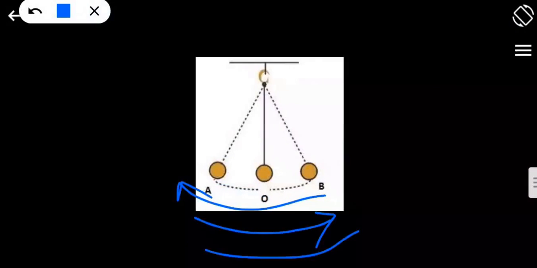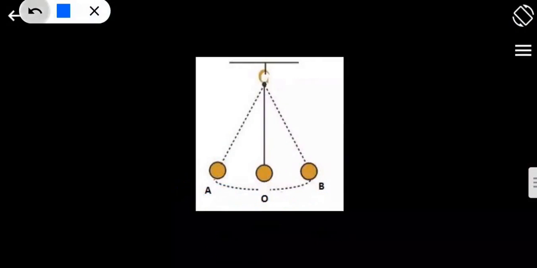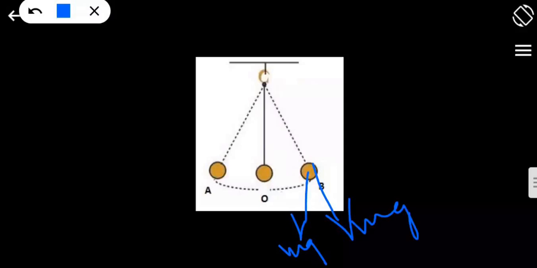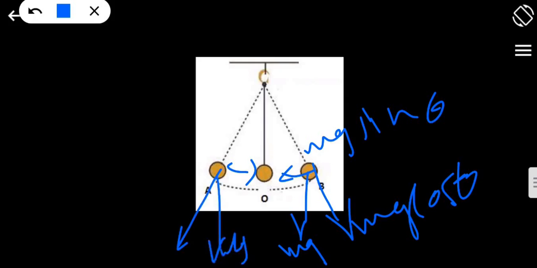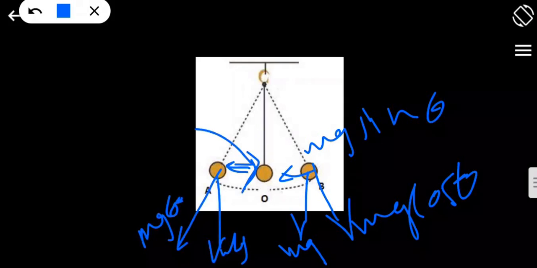Now everybody already knows regarding this one. If this is mg, this is mg cos theta, and this is mg sin theta. So this side also mg sin theta will be in this direction. This is mg, this is mg cos theta, and this arrow mark is your mg sin theta.